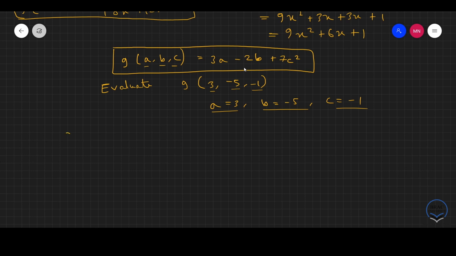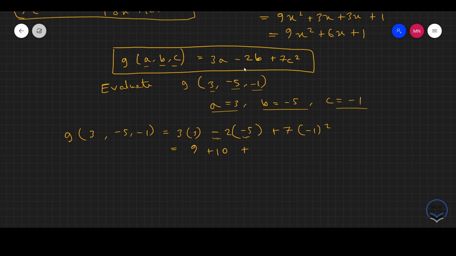So doing so, we have g of 3, minus 5, minus 1, and this gives us 3 times a, which is 3, minus 2 times b, which is minus 5, plus 7 times c squared, which is minus 1 squared. So we have 9. We have a negative sign and a negative sign, so we get a positive, plus 10, plus we have minus 1 squared.